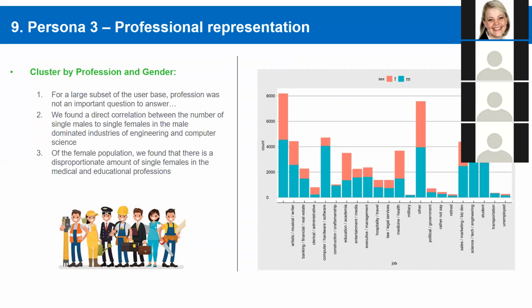We found that there was a direct correlation between males and females in male-dominated industries such as engineering and computer science. We also observed that female population tended to be higher in medical industries as well as education industries.